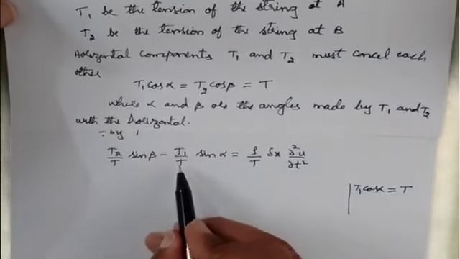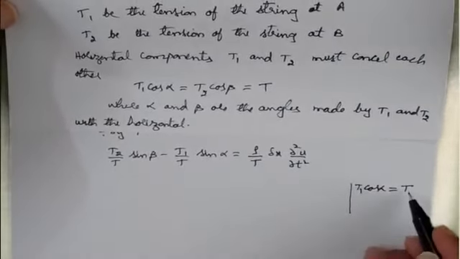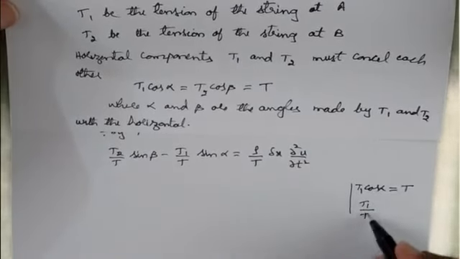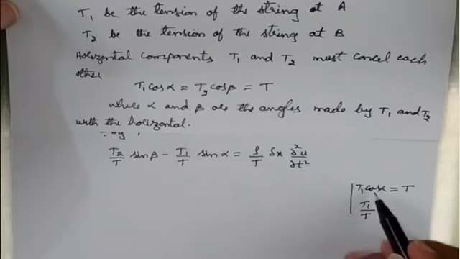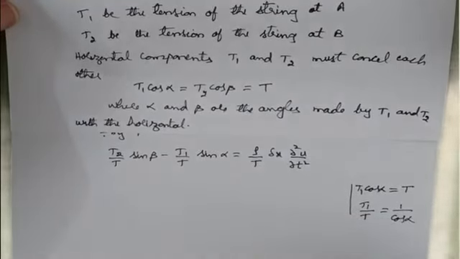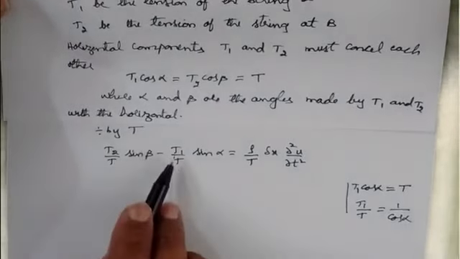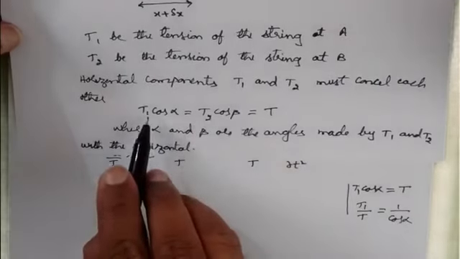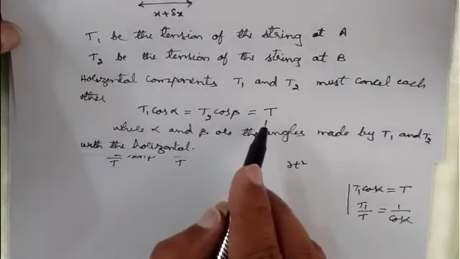You want T1 by t, so I take this t to this side. T1 by t is equal to 1 by cos of alpha, taking cos of alpha to the other side.